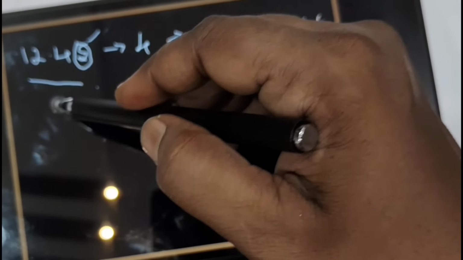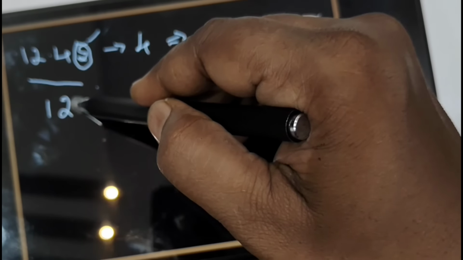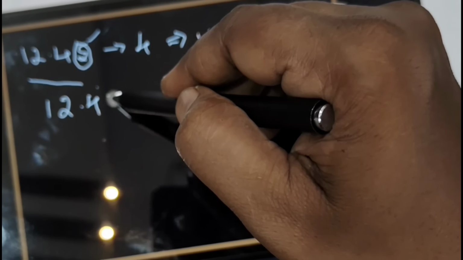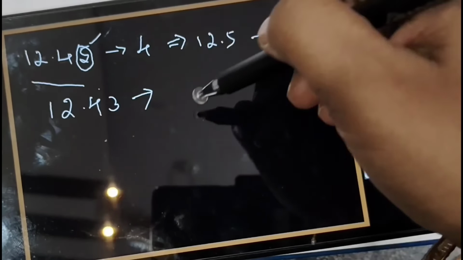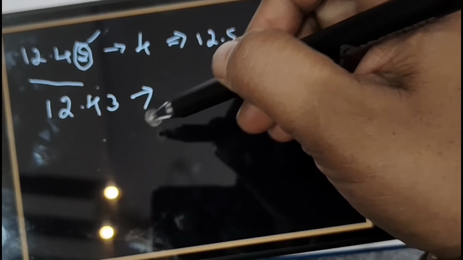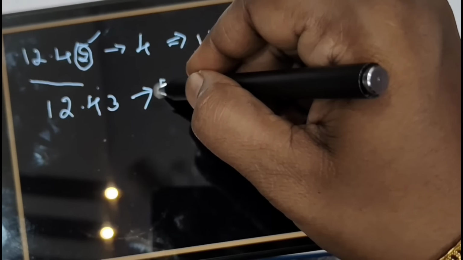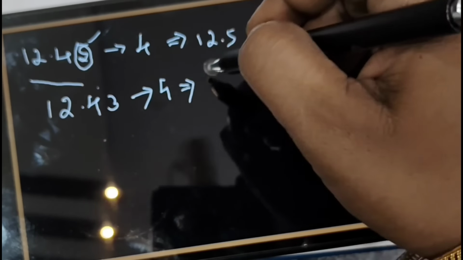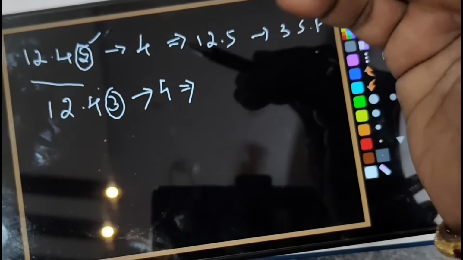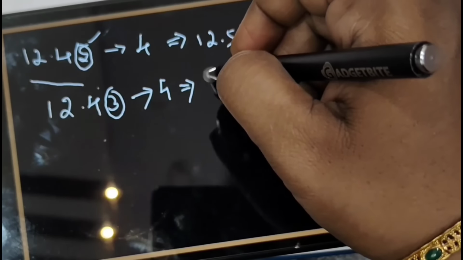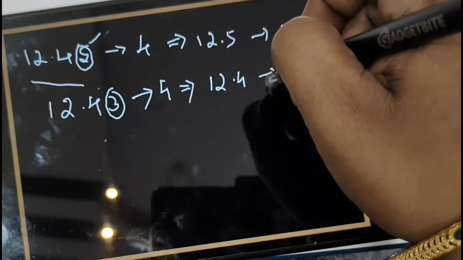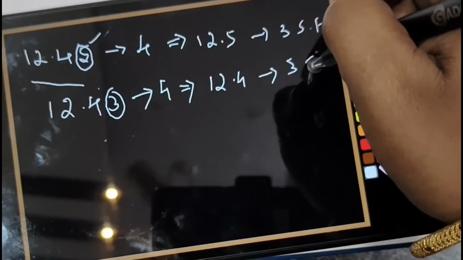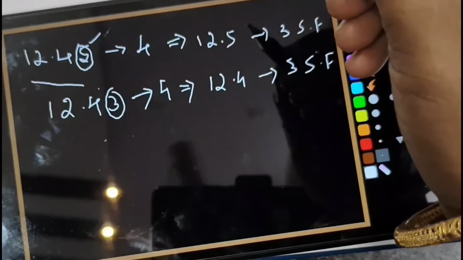Okay, so suppose if it was 12.43 and round off to 3 significant figures. So originally it is 4 significant figure. Then we can omit this one because it is less than 5. So we can just write it as 12.4. So we have now 3 significant figures. Okay.